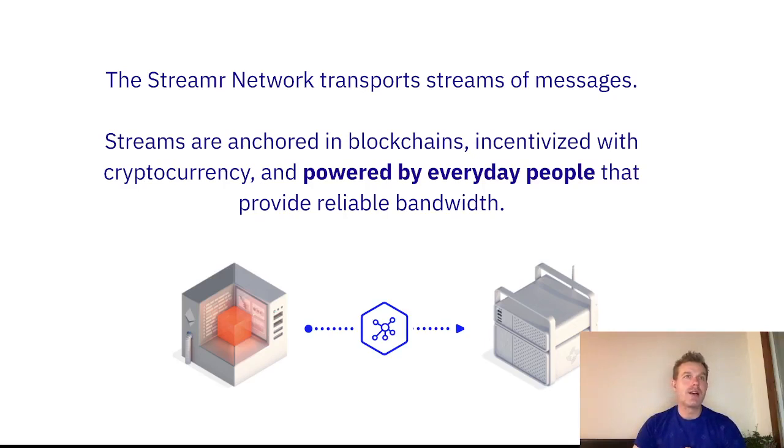Streams are anchored in blockchains, incentivized with cryptocurrencies, and are powered by everyday people that provide reliable bandwidth. I'll get into those parts later, but for now you can understand it as an open and permissionless public good infrastructure for Web3 applications.